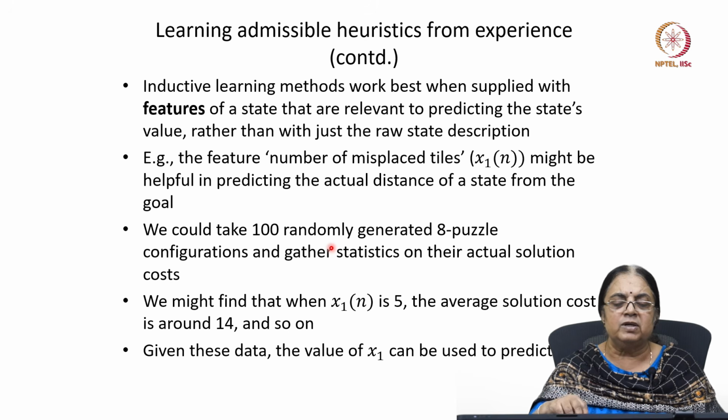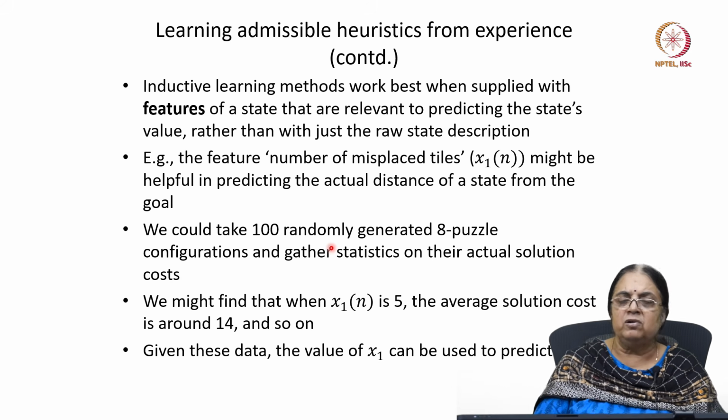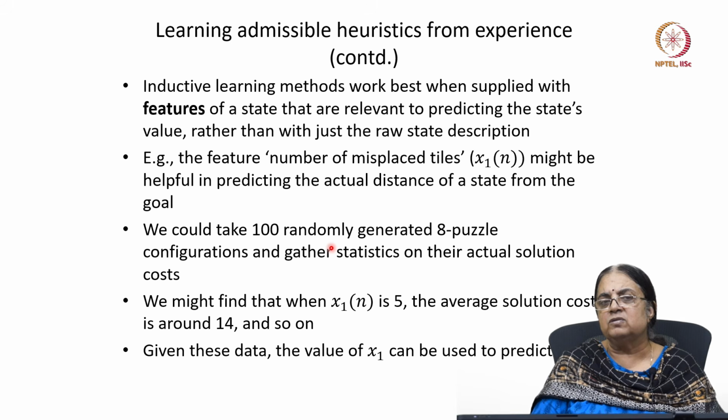For example, in the case of H1, the feature we used is the number of misplaced tiles, and in the second case we used another feature, or you could use more than one feature, 2 or 3 or 4 features. Then you generate a number of random 8 puzzle configurations, gather statistics from them, and use those statistics.